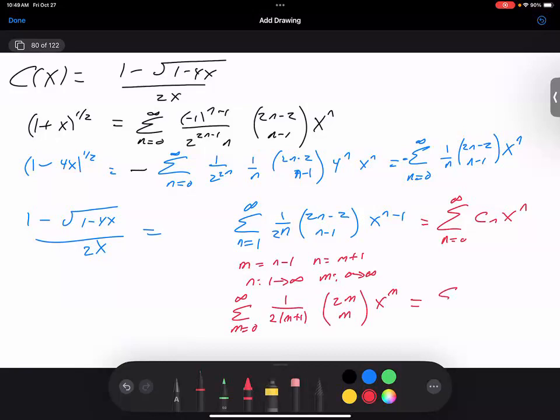And that's just the same as the sum of Cn x to the n. So Cn would just be 1 over 2m plus 2, 2m choose m. And we have an explicit formula when all the dust settles for the nth number of this sequence.